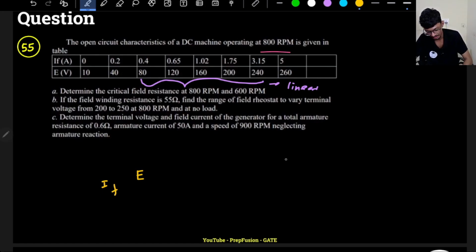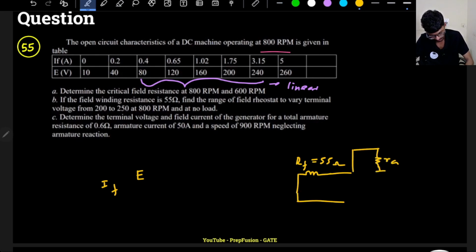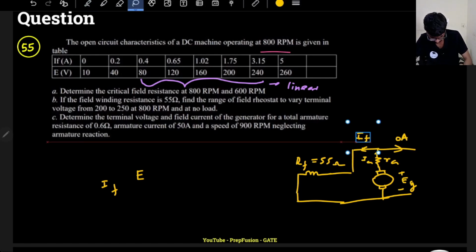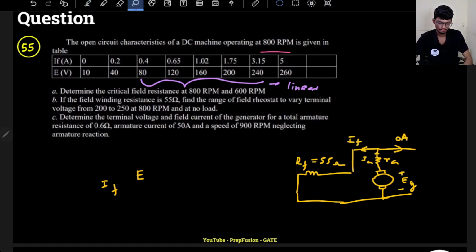If it is open circuit, I will have the field winding here and the field resistance is 55 ohms, and there is this RA that they have not given me, and the DC machine here will develop an EG voltage, and it is open circuit because zero current is flowing. Whatever current is flowing out of the armature, the same current will flow through the field windings.